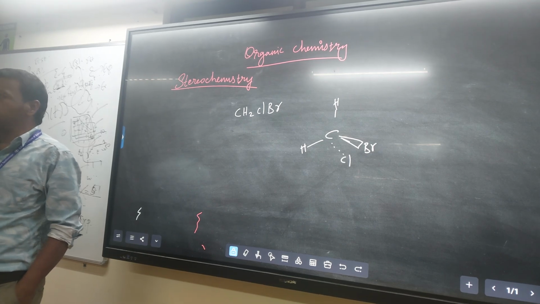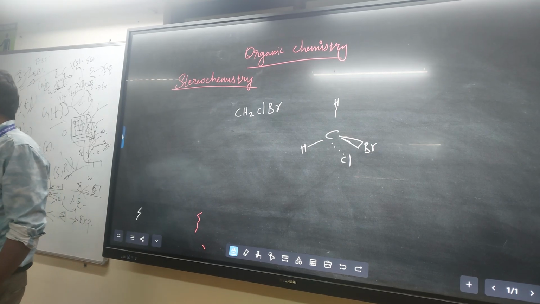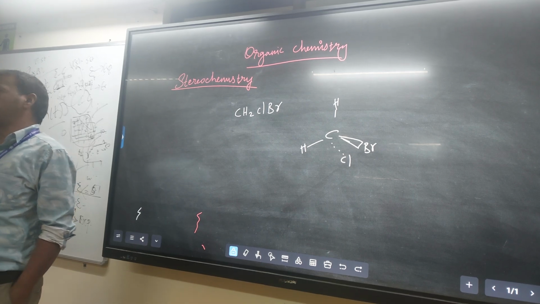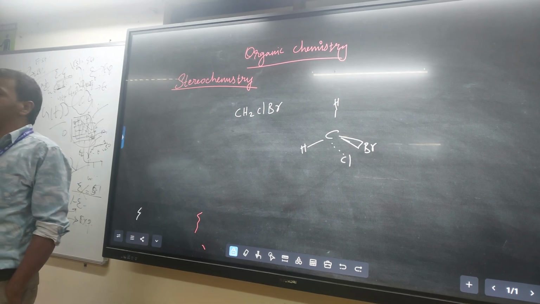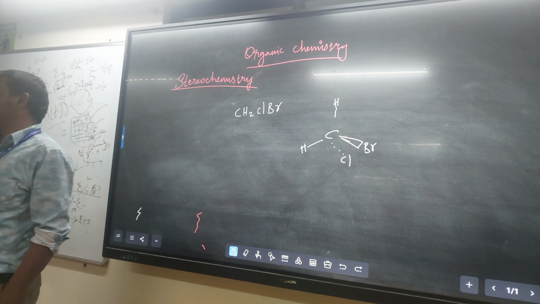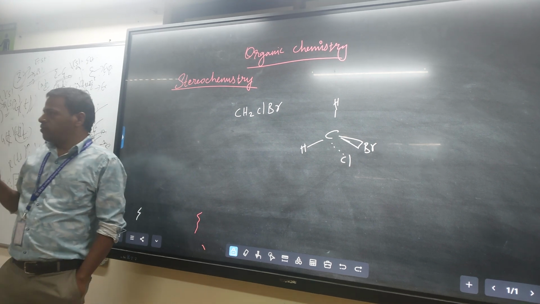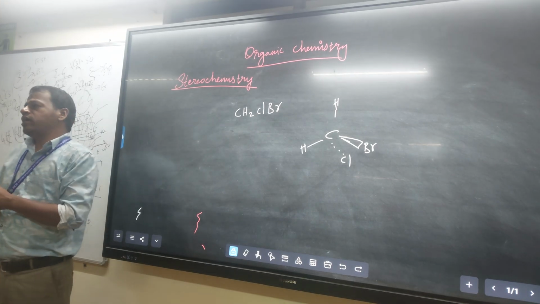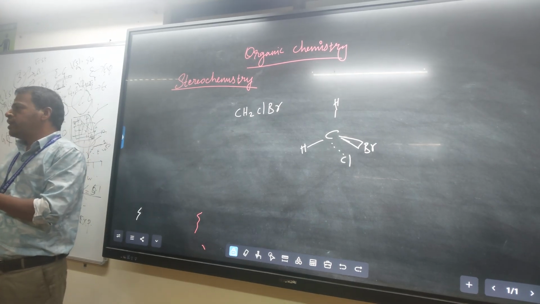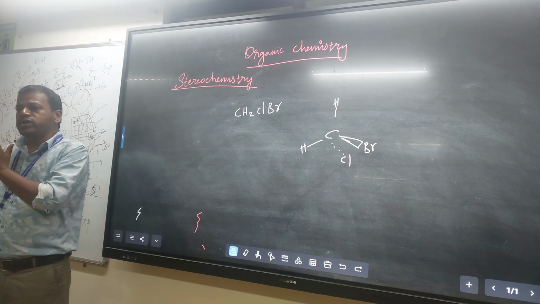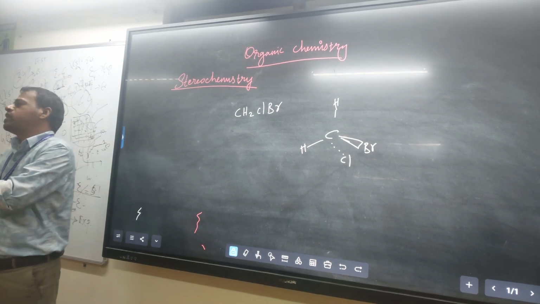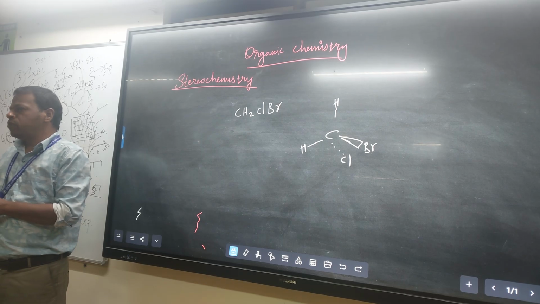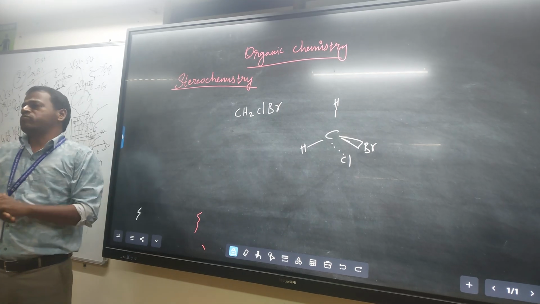Based on that view, they give the explanation and can identify the product. In the two-dimensional way we get one product, but in the three-dimensional way you get the exact product. That's why we go for stereochemistry.